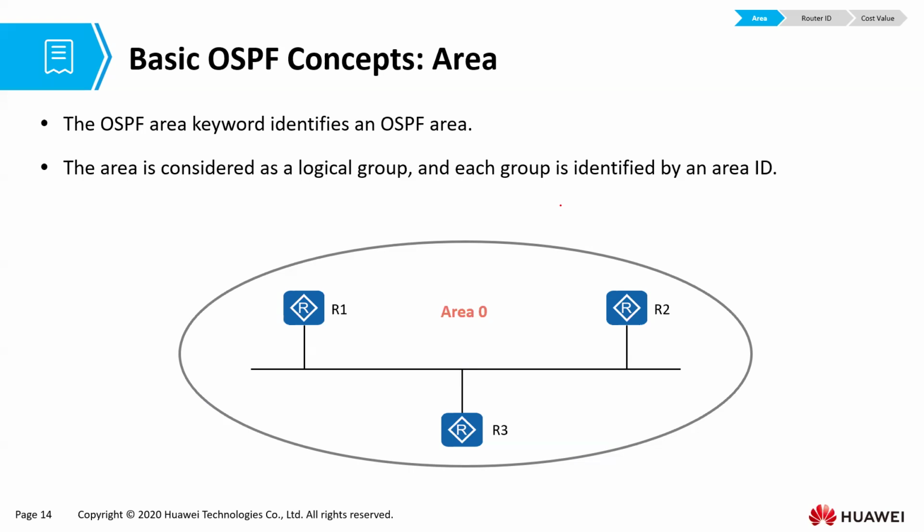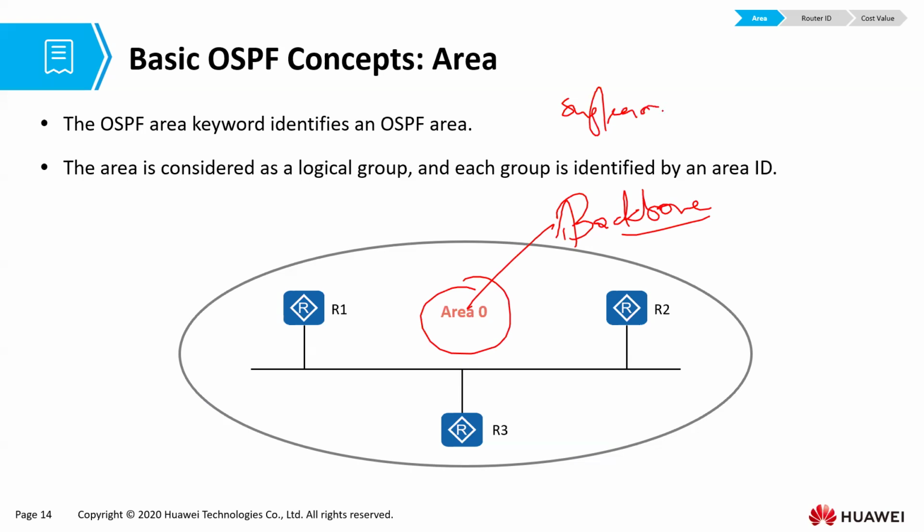We have what we call area 0, which forms the backbone of the network. So if we are using a single area, then it is area 0. If you're using one area, that's a single area. It cannot be anything but area 0. Area 0 forms the backbone of the network.